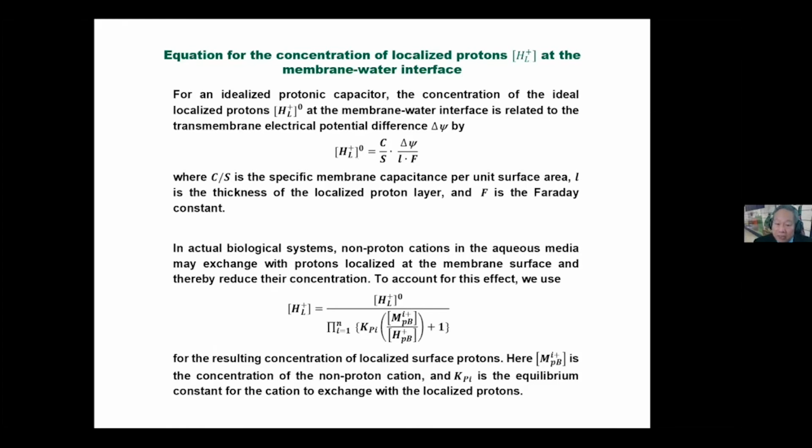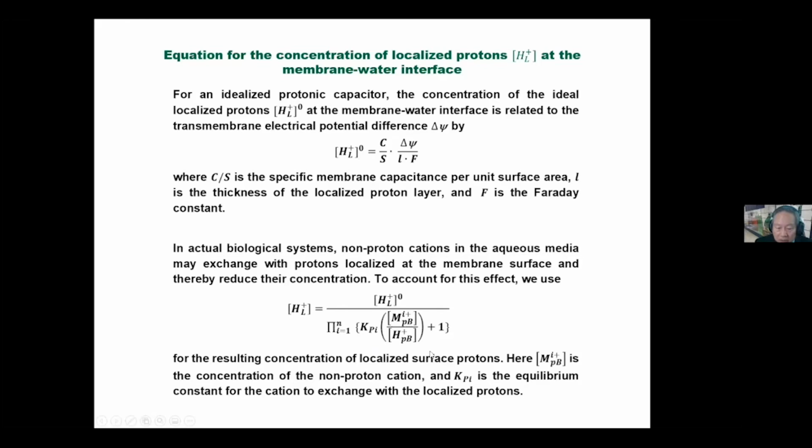Now, that's good. But in actual biology, you have salt, right? We eat a lot of sodium. So in our body, we have plenty of salt, sodium chloride or potassium, there are many things there. So we also further developed a term called the reduction factor, and developed an equation to account for that.